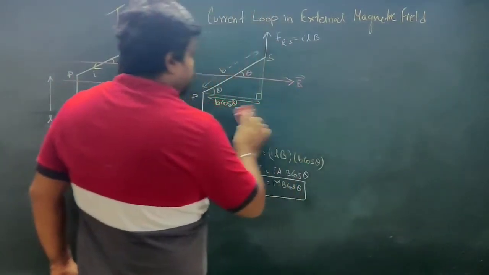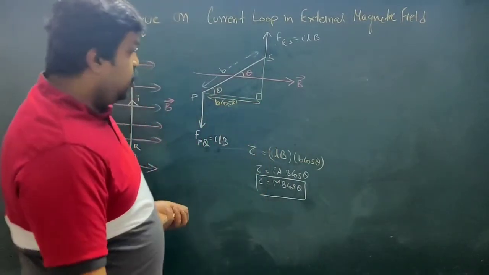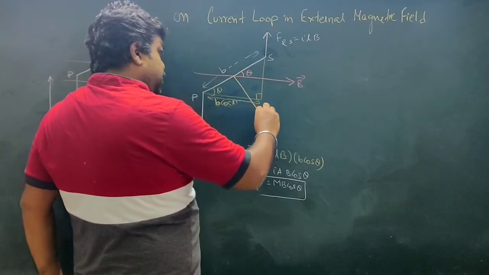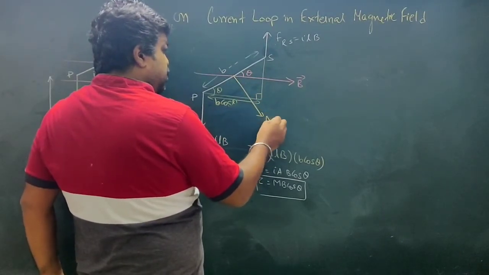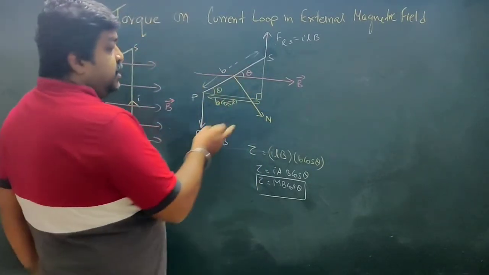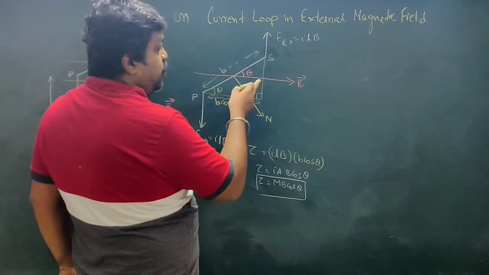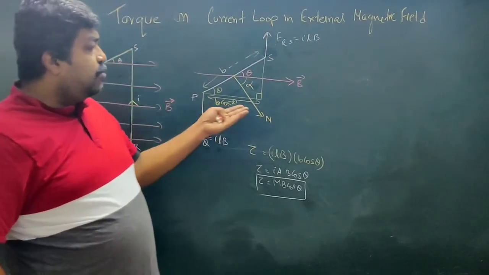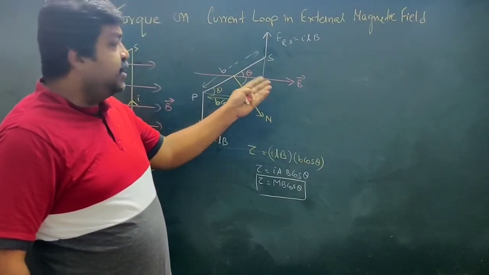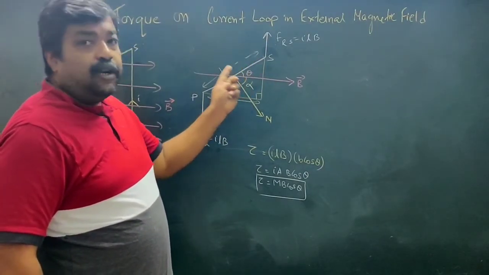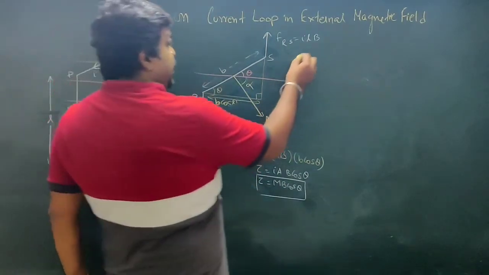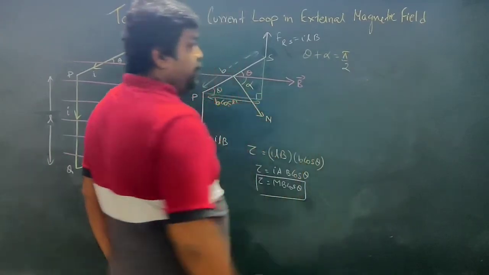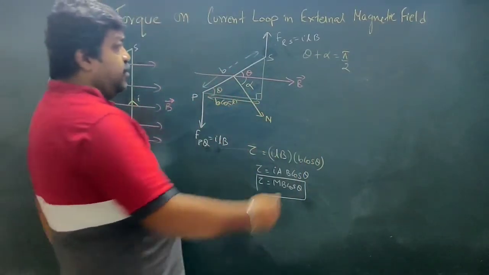So what we will do, we will draw one normal to the plane of the coil. Okay. So this is normal to the plane of the coil such that angle between normal to plane of coil and direction of magnetic field is alpha. Theta is the angle between plane of coil and direction of magnetic field such that theta plus alpha is equal to pi by 2.